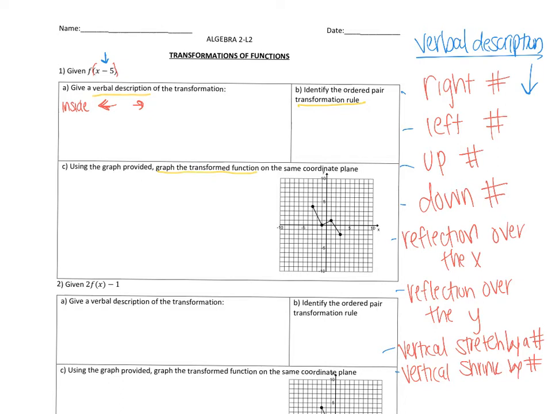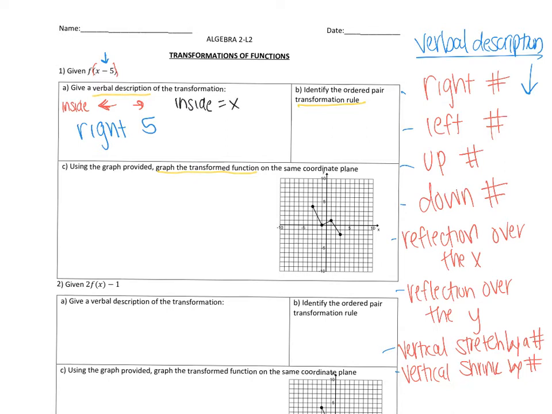But remember, when we're inside the grouping symbol or inside our original function, we need to do the opposite. So I may see -5, which I think left, but I really need to know that it's right 5. And I know that when I'm inside, it affects my X.